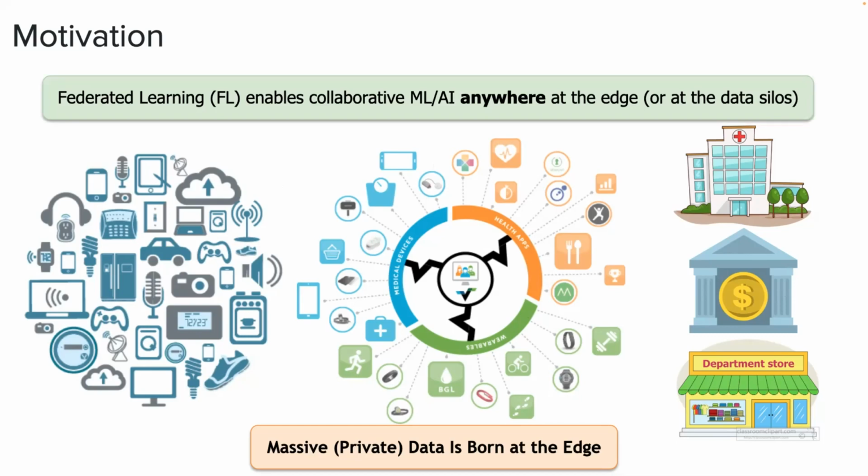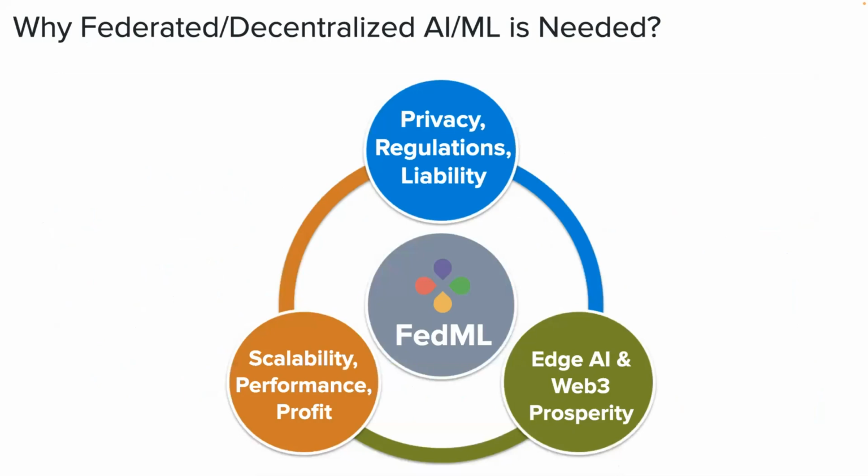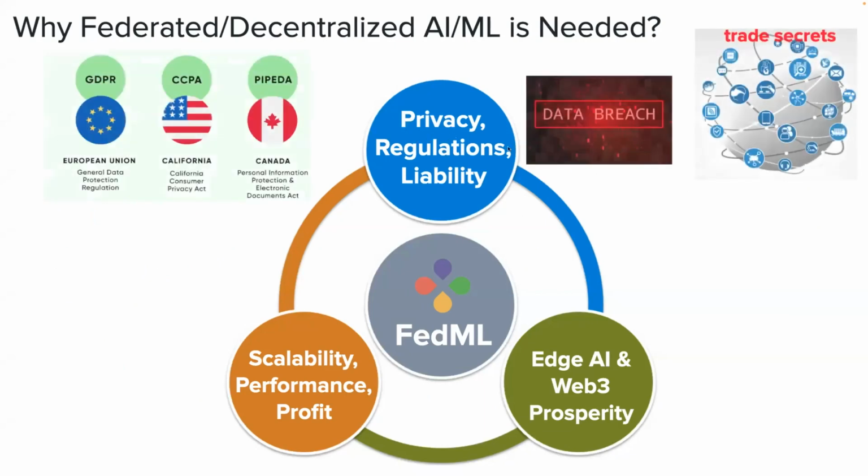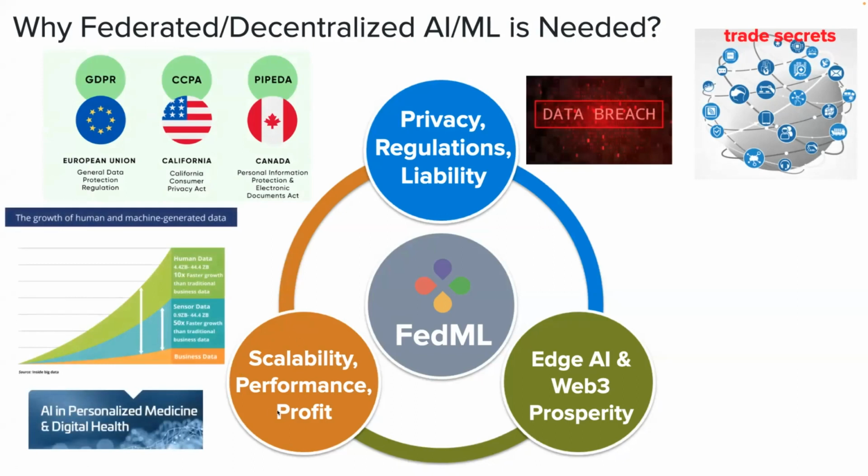And it's gaining a lot of attention because it addresses several challenges that we are seeing in the world today. For example, because of the rise of privacy regulations and liability, there is less possibility of sharing data and moving data between silos. Then there is the scale of the growth of data that is generated at the edge.